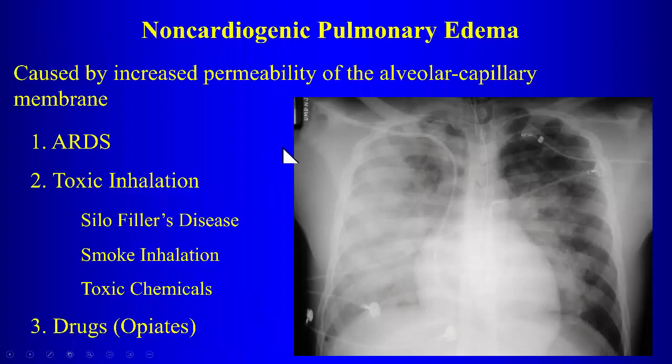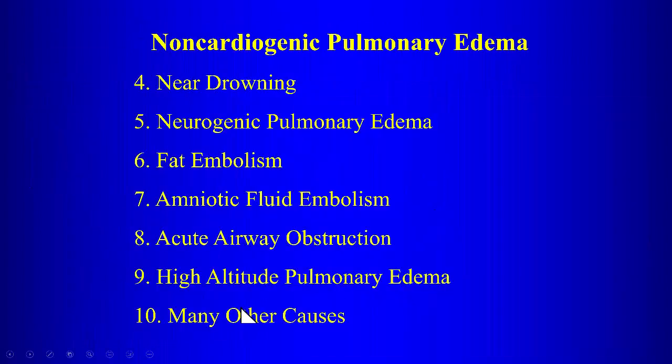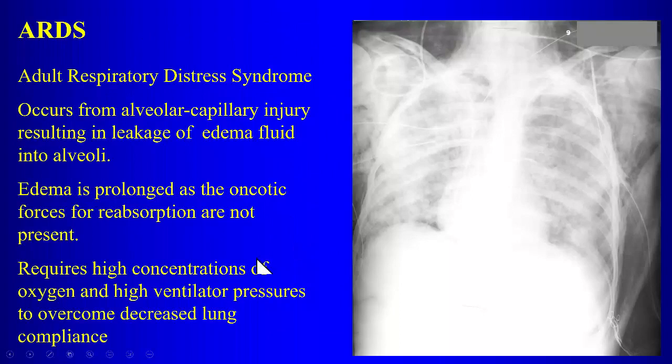Now, non-cardiogenic pulmonary edema, we can get this with many causes. The very common cause is ARDS, but then there are all kinds of other things that can also give us non-cardiogenic pulmonary edema. I mean, the list is endless for this. But ARDS is something that we do need to be familiar with. So this occurs from alveolar capillary injury, which results in leakage of edema fluid into the alveoli.